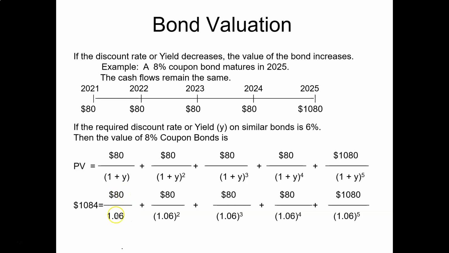That is $80 over 1.06. For the present value of cash flow in the 5th year, it will be $1,080 over 1.06 to the power of 5. If you verify the calculation, the present value for the bond at the discount rate 6% will be $1,084. So now we have the lower discount rate and higher present value of the bond.